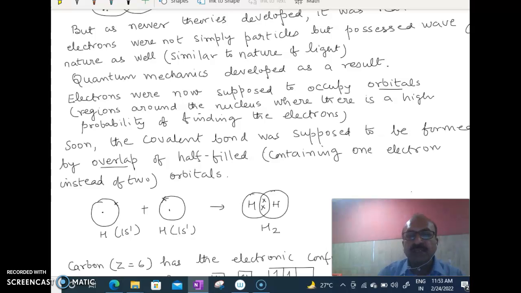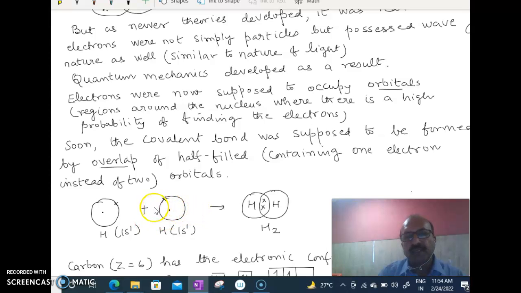It's important to understand that this overlap is not a physical overlap. It is just that the probability distribution of the electrons gets altered when the two hydrogen atoms come together.